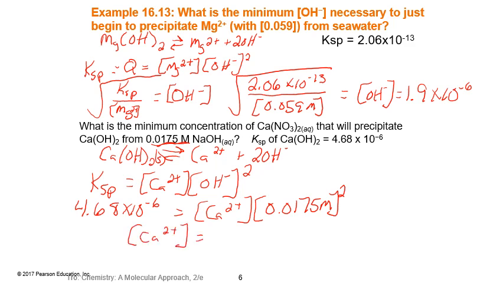Our calcium concentration, we would divide by our hydroxide squared to the other side. Our calcium would be 1.53 times 10 to the minus 2. So this would have to be the amount that's also going to be equal to the calcium nitrate concentration that we would have to add to form this precipitate.